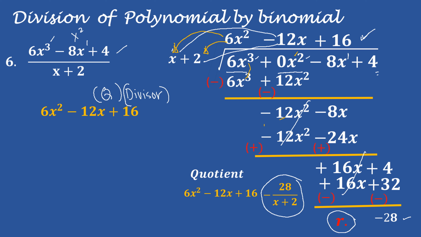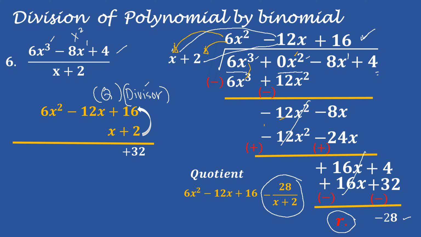Okay, our quotient is 6x squared minus 12x plus 16. We multiply it to the divisor, so our divisor is x plus 2. And how do we multiply them? We simply multiply 2 times 16. It will give us positive 32.